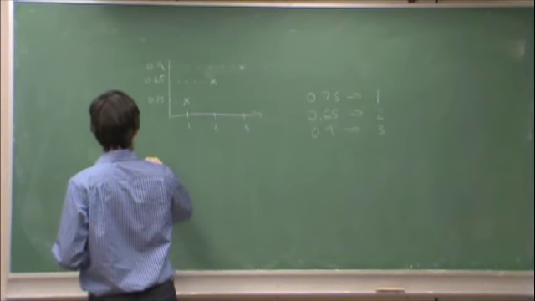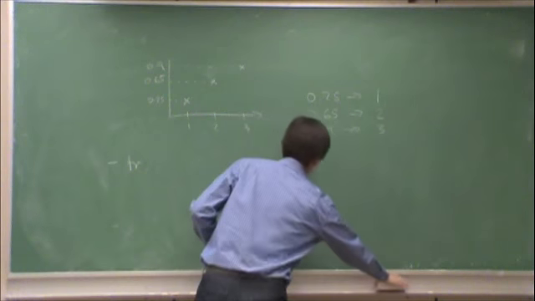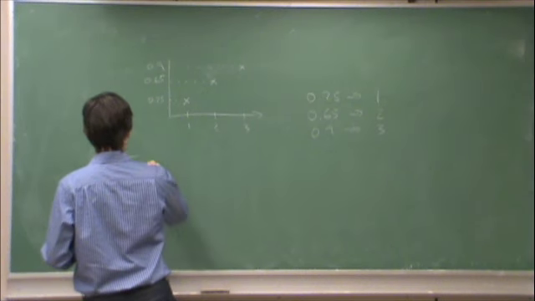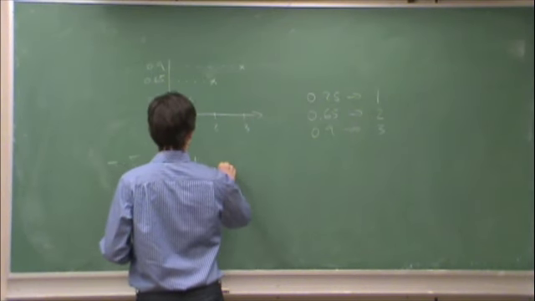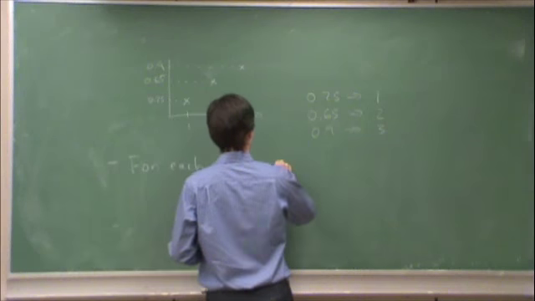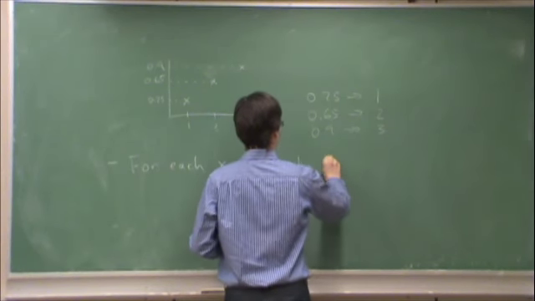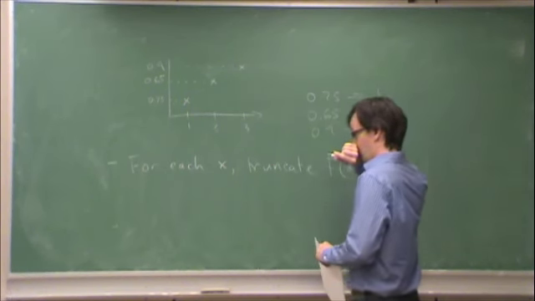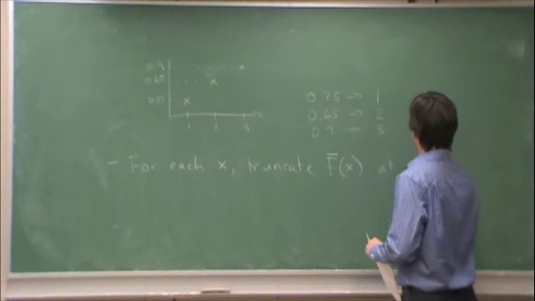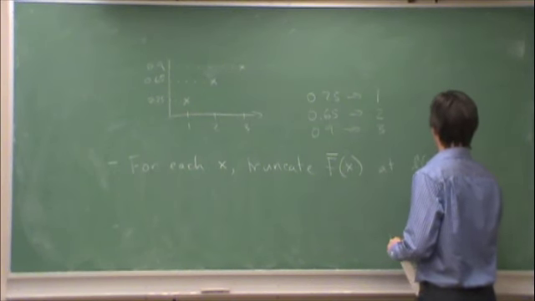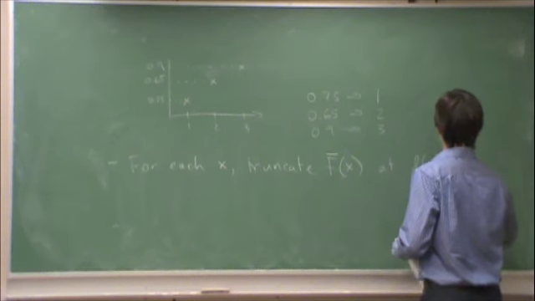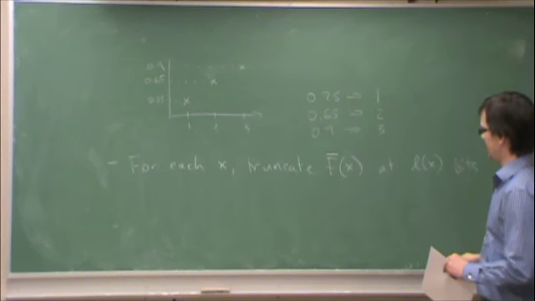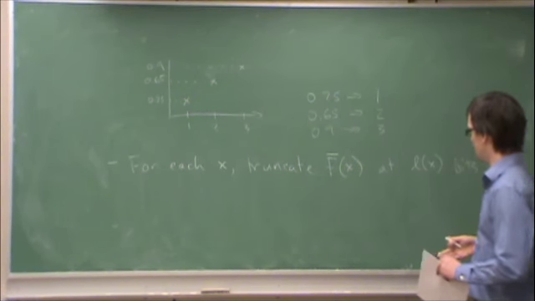So truncate for each x the binary representation of f-bar of x at L of x bits. So for each of these source letters, let's get the binary representation up to L of x bits.